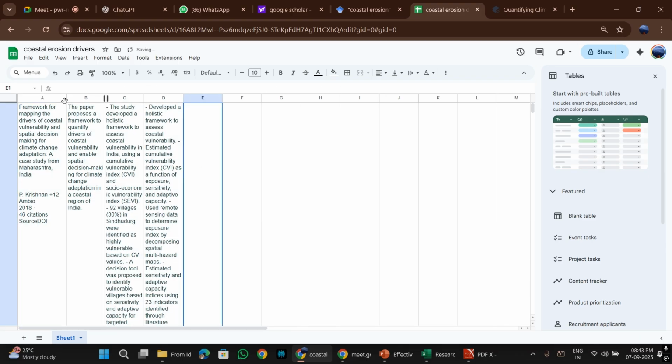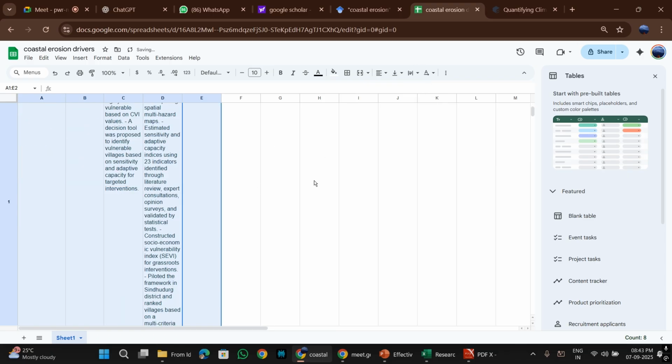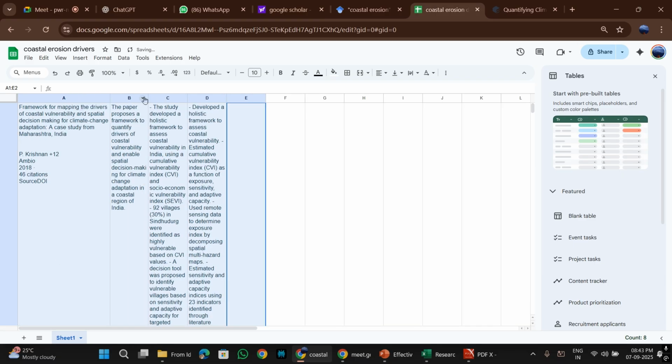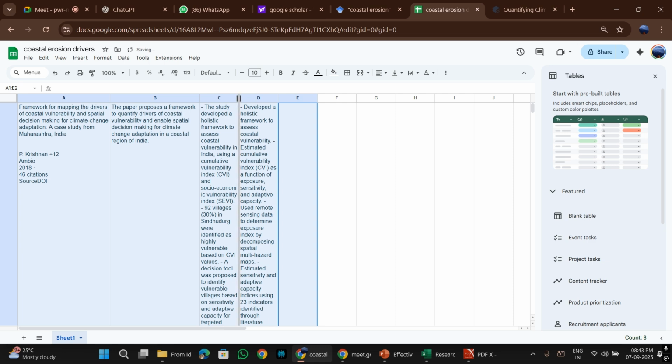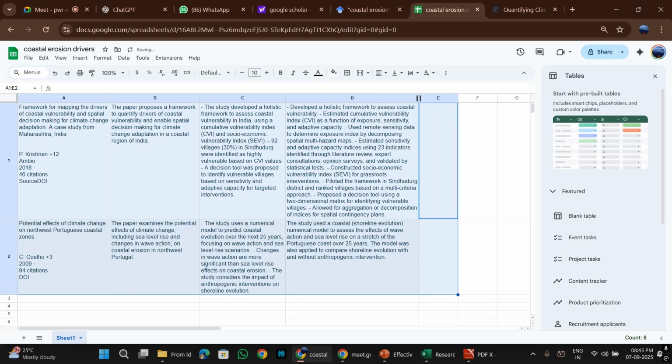So now I am in a position to compare these papers as to how important they really are, right? Let me slightly increase the width of these. So you can compare these papers.